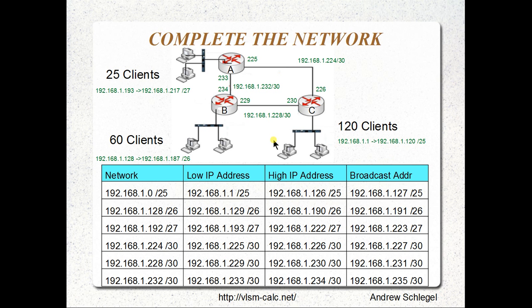Now let's take a look at, always start at your largest and work your way down. All right, so on 60, we have a /26, we did that. We start at 129 as our first IP address and 190 as our last. So we're going to count up 60 from here. So 192. This would be your DHCP pool, correct?